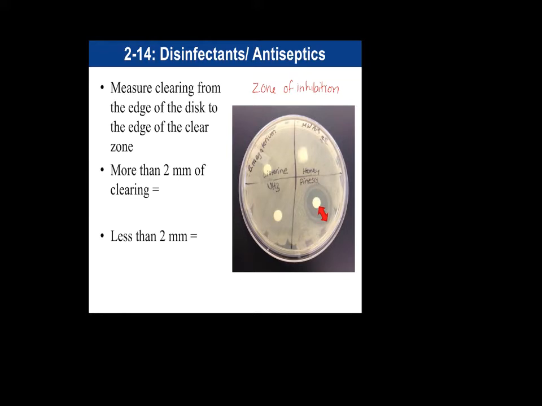For disinfectants and antiseptics, it's really important to measure from the edge of the disc to the edge of the clearing. So that's our little zone of inhibition there.